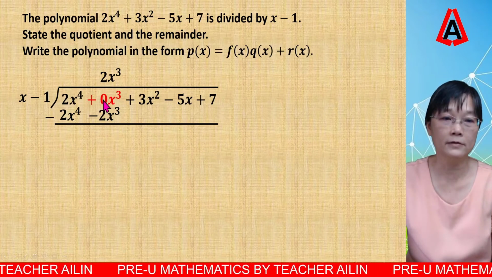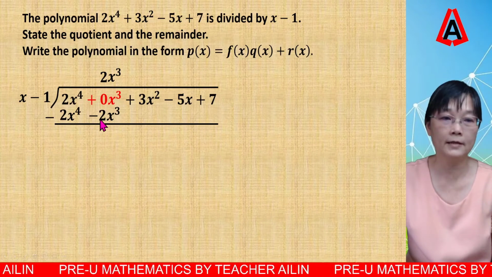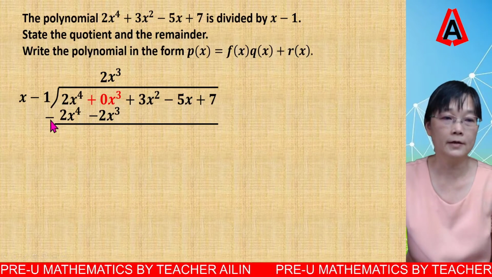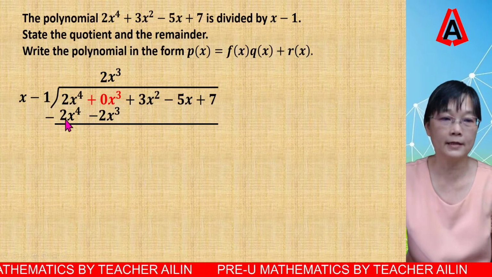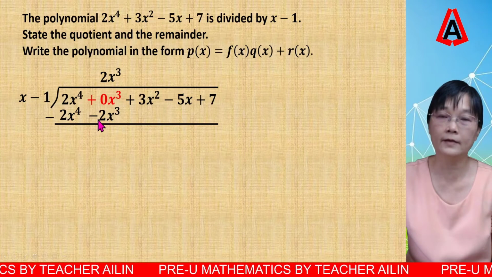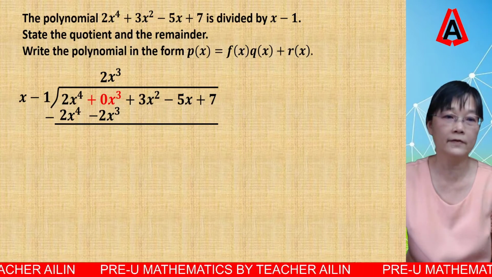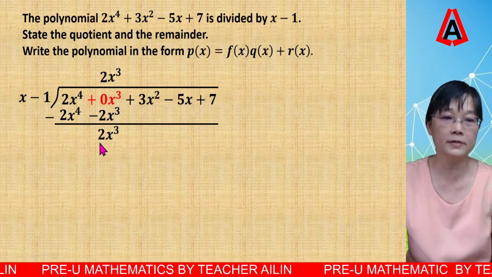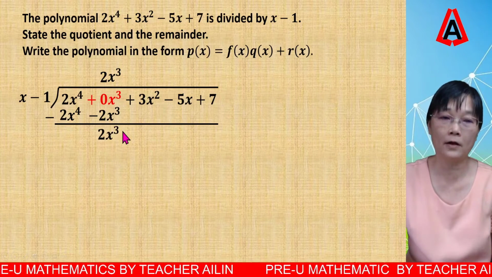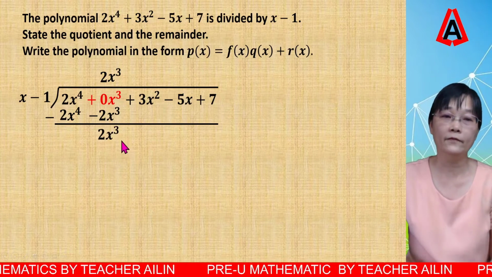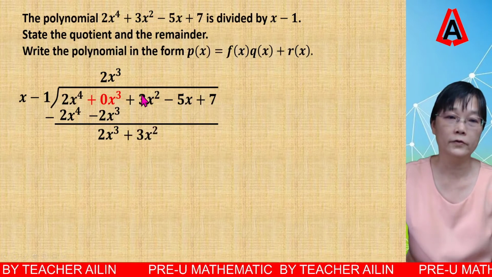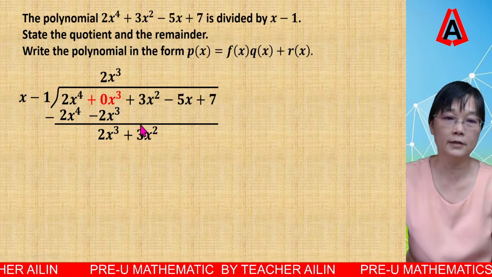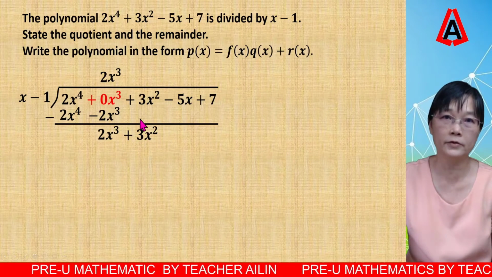Then for 0 minus negative 2x power 3, because this is minus and this is negative, minus negative is equal to positive. So we get positive 2x power 3 here. Now before we can continue, we should pull down the following term, that is 3x power 2.